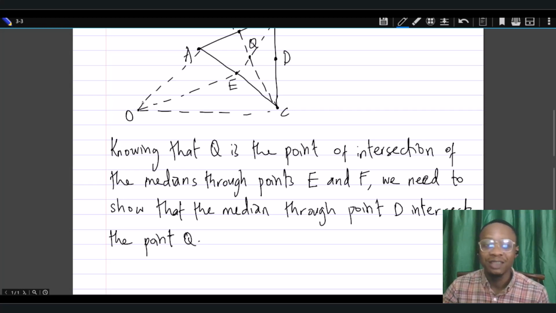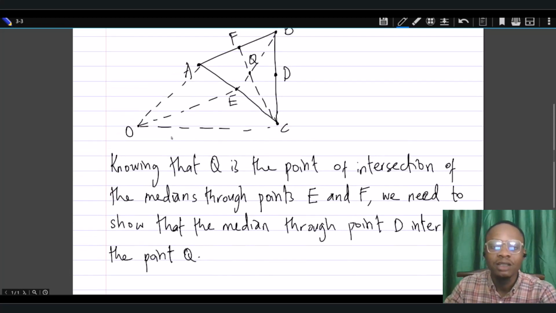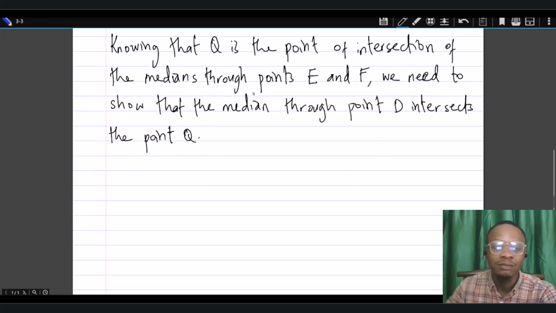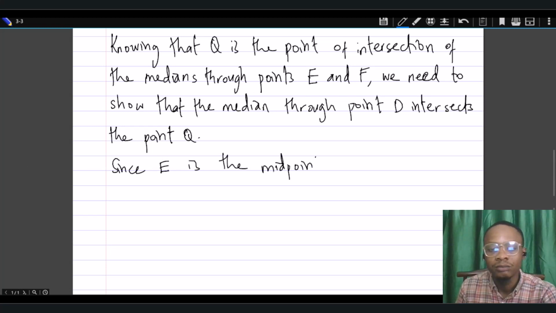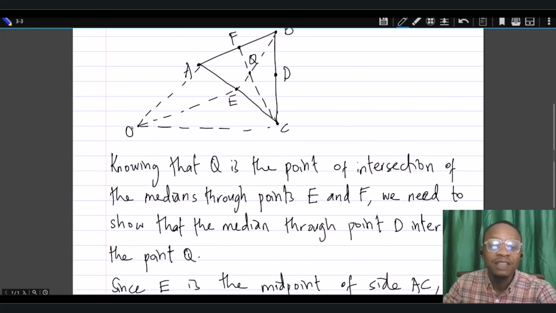So if you're able to detect that easily, then you can write that since point E is the midpoint of side AC, it will follow from what we've done before that OE will be equal to half of OC plus OA.